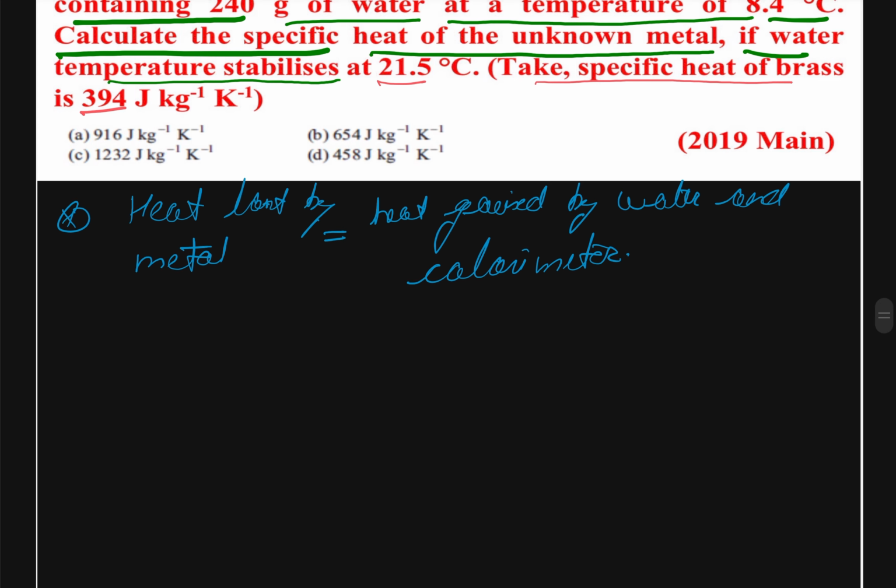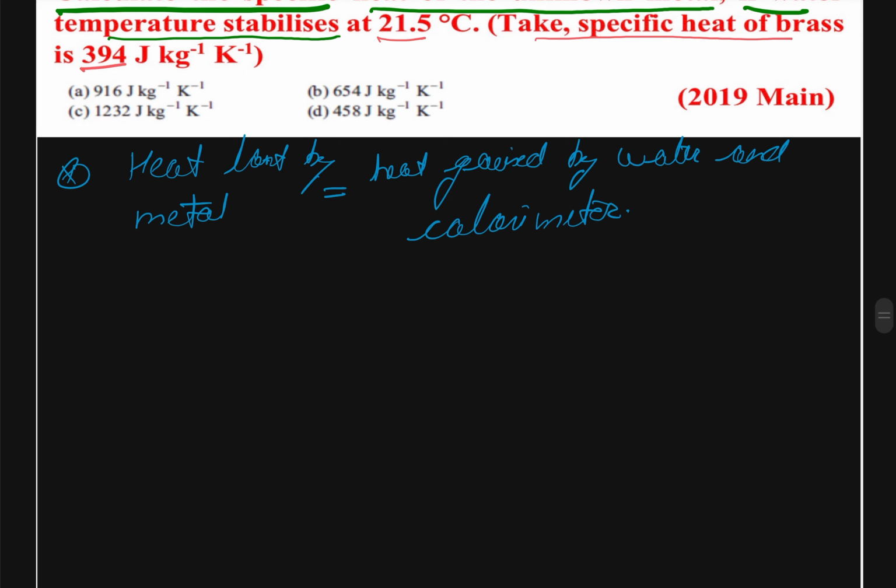Therefore, we can write mass of metal, specific heat of metal and its change in temperature is equal to mass of water, specific heat of water and its change in temperature plus mass of brass, specific heat of brass and its change in temperature.